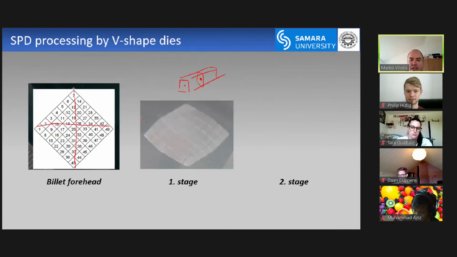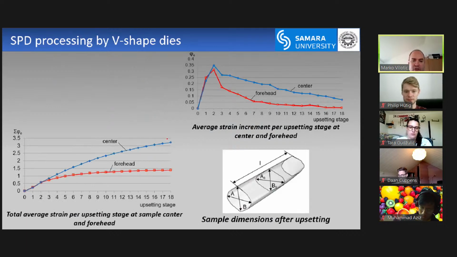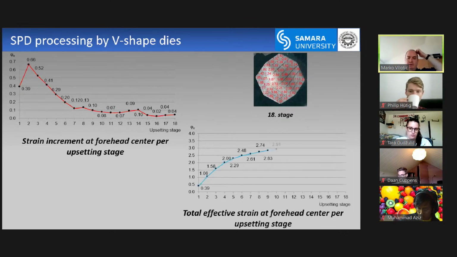That is the only reason, but these are just limitations. And again, I checked this total average strain at the center and the sample forehead. And this difference will confirm different microstructure and grain size. You will see later. So, strain increment at sample forehead per upsetting stage.